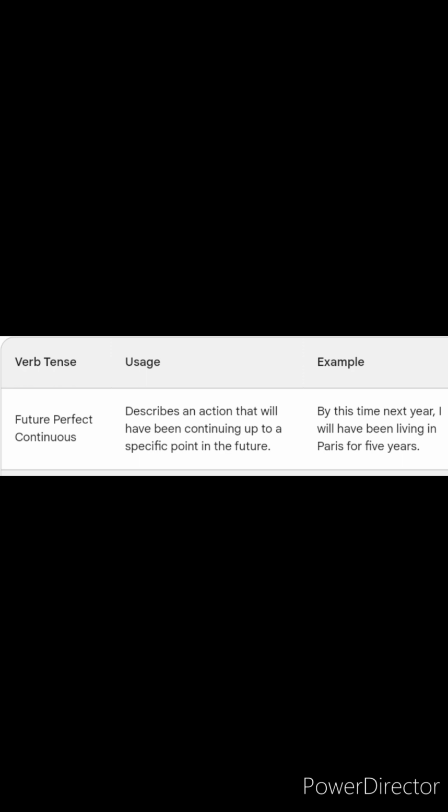So we have come to the use of future perfect continuous tense. It describes an action that will have been continuing up to a specific point in the future. Example, by the time next year I will have been living in Paris for 5 years.